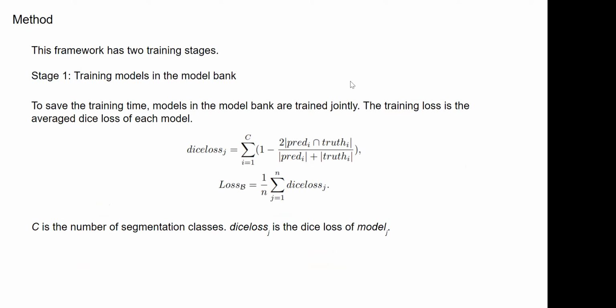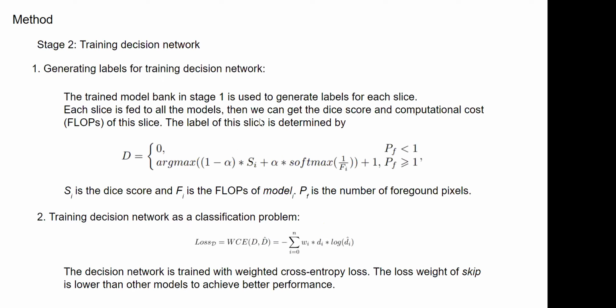That is, I take the average of their losses as the final training loss. As the equation shows, the dice loss J is the training loss of model J, and the final training loss is the average of all of them. That is the first step, to train the models in the model bank.